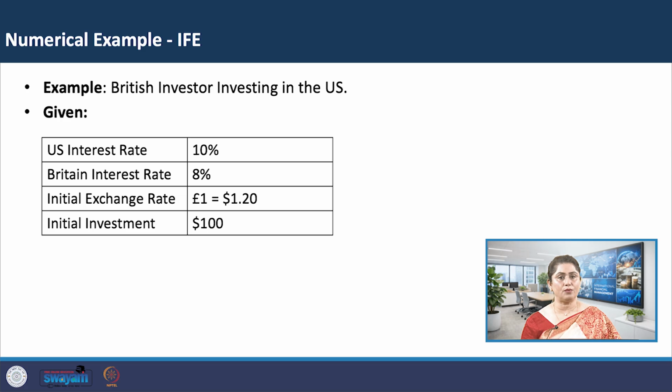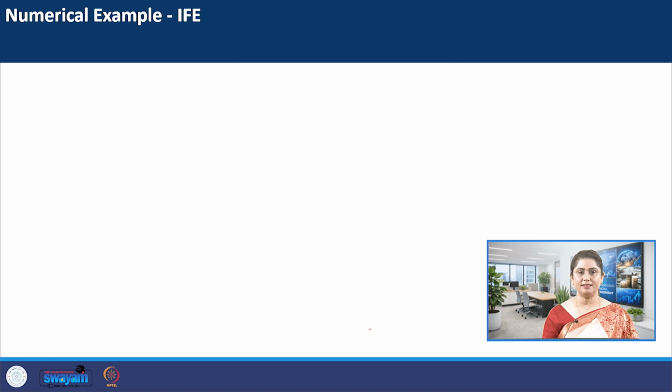Now the British investor is thinking, the US interest rate is 2 percentage points higher than back home in Britain. Should I invest here? Now let us understand the international Fisher effect with the help of the example. Let us do the solution of the question. Let us say there is a British investor.